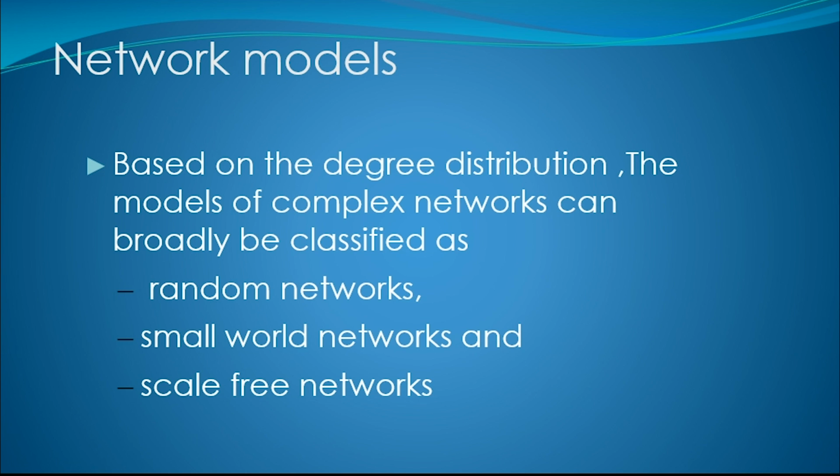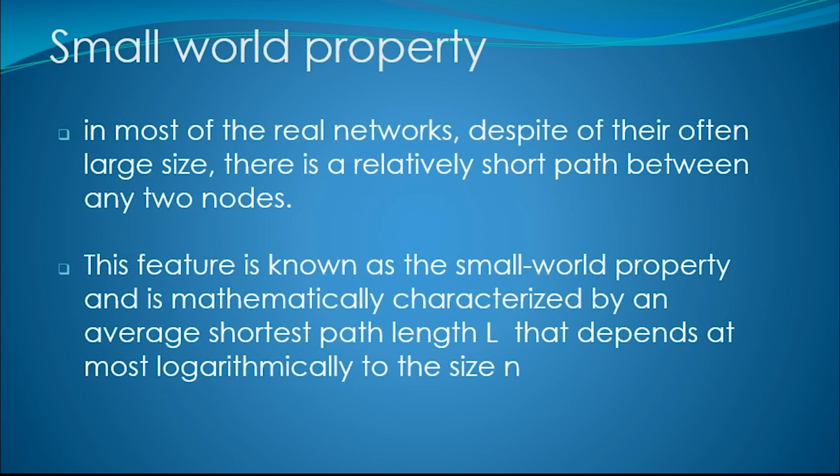So the idea is, even though there is a large number of vertices in the network, the distance between any two is on average very small. In most networks, there is a relatively short path between any two nodes.